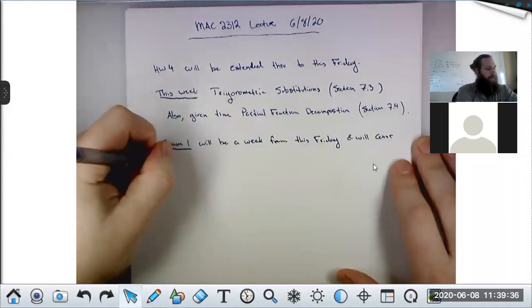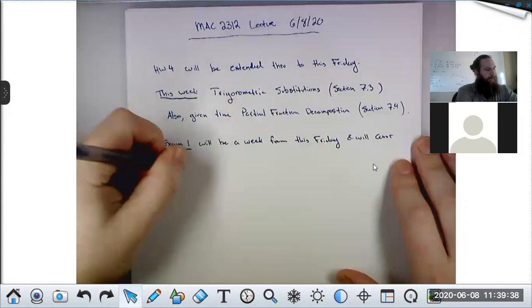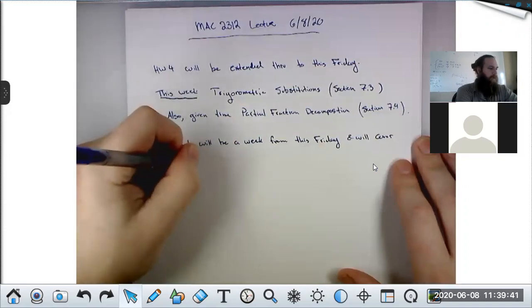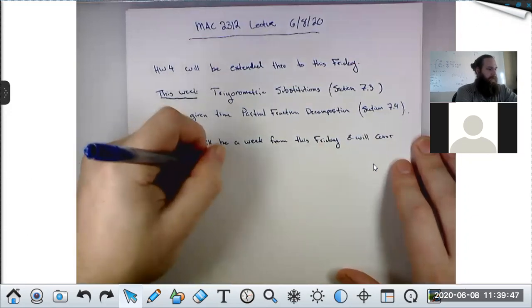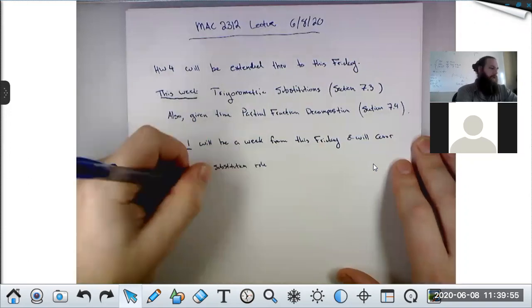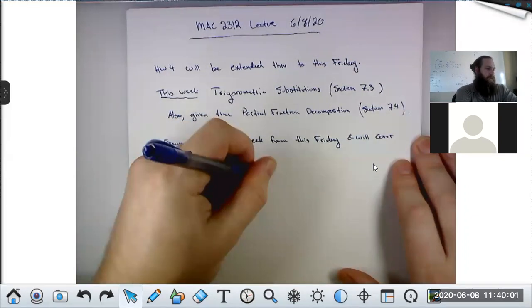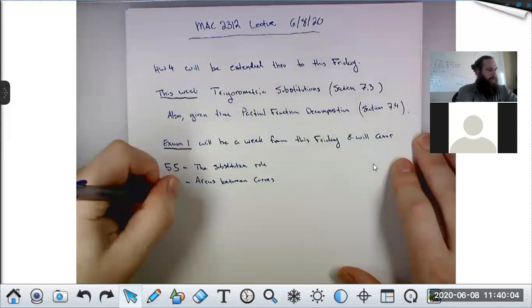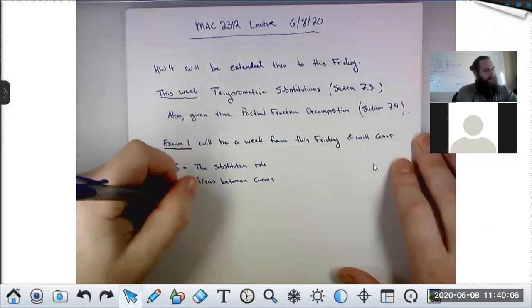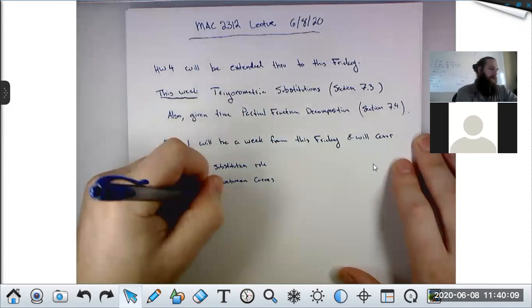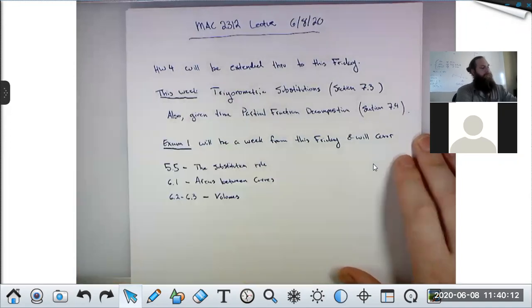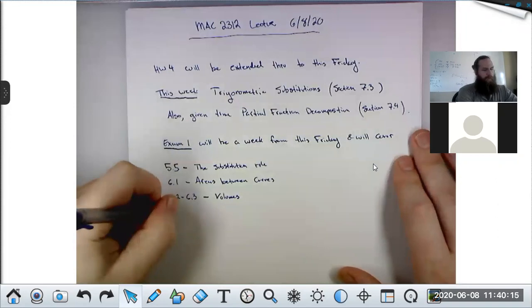sections 5.5, which was on regular substitutions. 6.1, which is on areas between curves. 6.2 and 6.3, which are on volumes. 6.4 or 6.5?